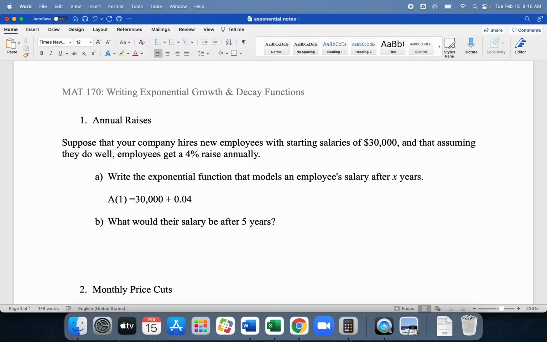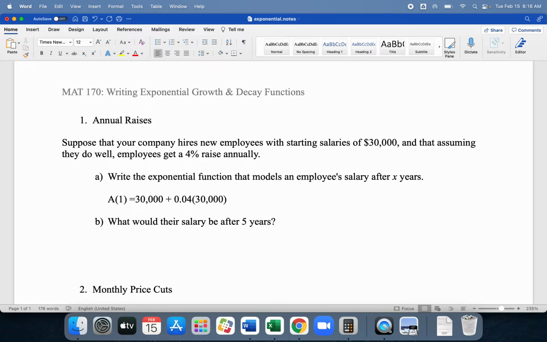You'd be really mad if you got a raise of 4 cents per year. So we don't want to add 4 cents. We want to add 4% of our current salary. So if I want to know 4% of 30,000, I want to do that, right? 30,000 plus an extra 4%.